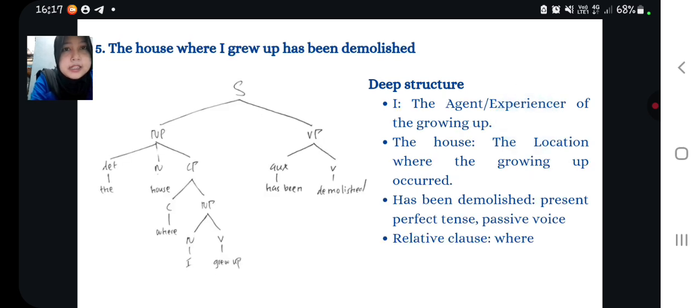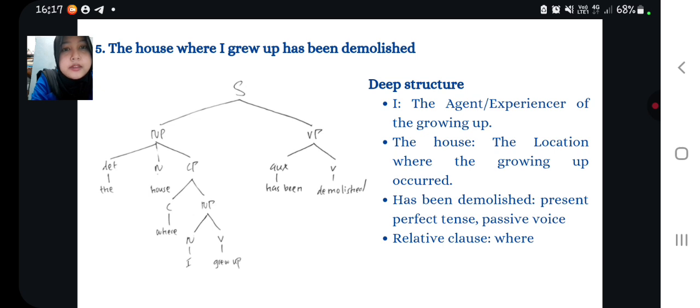And then the last is the house where I grew up has been demolished. That's the sentence. And then the noun phrase, the house where I grew up. The verb phrase is has been demolished. Noun phrase contains determiner the, noun house, and complementizer, complement phrase, complement where, noun phrase.